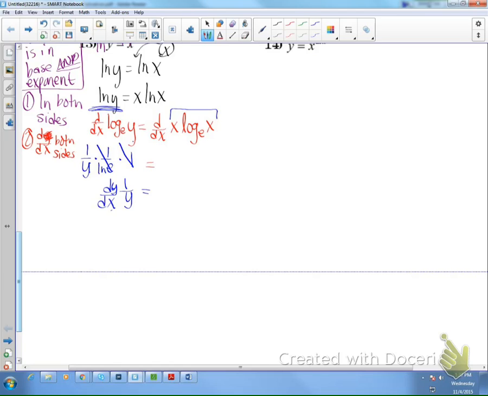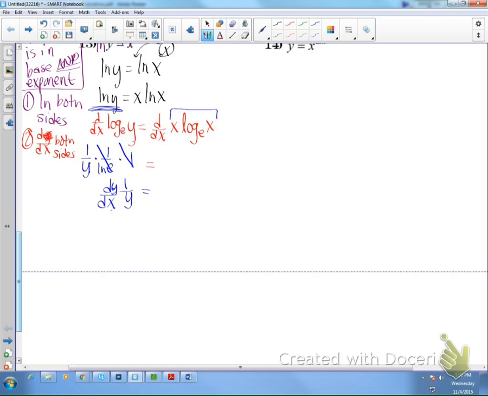So whenever you're taking the derivative of y, you should always have a dy dx. When you take the derivative of x, it's just dx dx. But what is dx dx? 1. That's why we don't write it. Whenever you take a derivative of y, you get a dy dx because you're taking the derivative of y with respect to x.